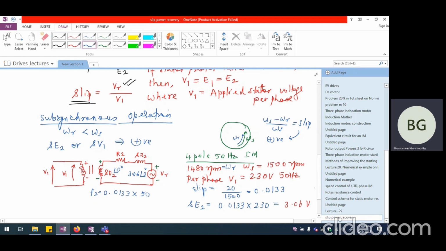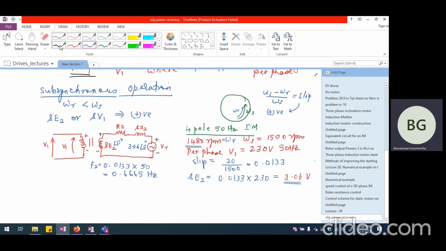So this is going to be the frequency, that is 0.6665 Hertz. So a very, very low frequency voltage is going to be injected. So when I am having a voltage of 3.06 volts injected from the rotor side, this particular machine is going to run at 1480 RPM under no load condition.